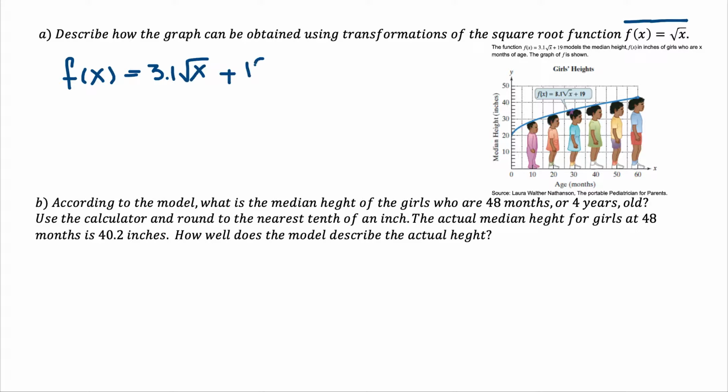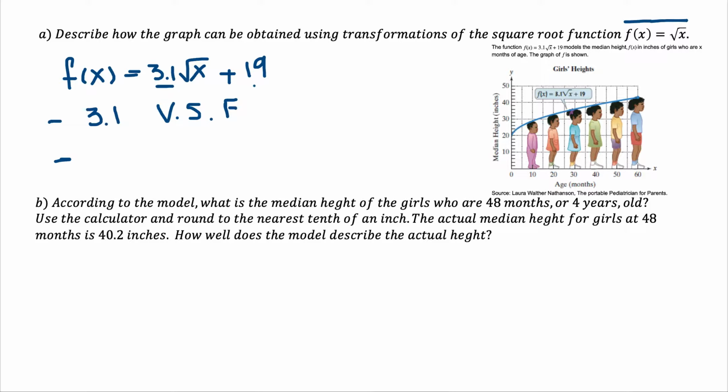And now we want to know how we obtained this function from f of x equals the square root of x. As we see here, 3.1 is a vertical stretching factor. It means that the function stretches vertically with the factor 3.1. Let me write it with an abbreviation: vertical stretch factor 3.1.